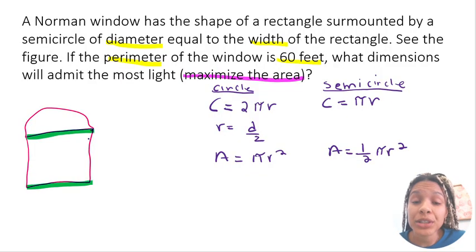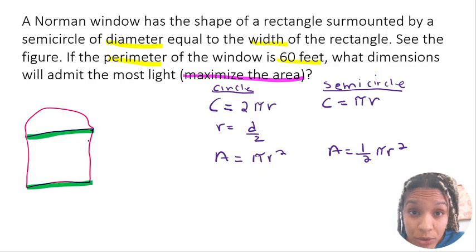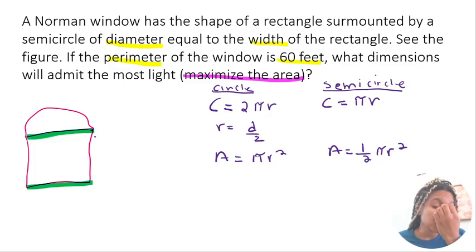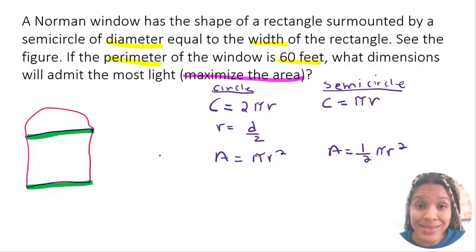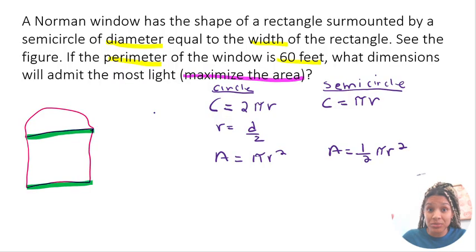Once we have found the equation that represents the perimeter, we are going to find the equation that represents the area, okay? Once we have that, we are able to find the vertex, and our answer is the x value of the vertex, because that will tell us the maxima, so that will be able to tell us the y.